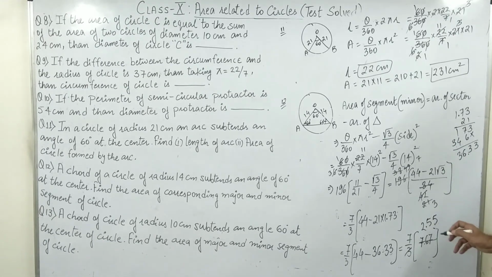So it's approximately 2.55. Multiply, 7 into 5 is 35, 8 carry 3 again. So it's 14 and 3, 17. The answer is approximately 17.85.